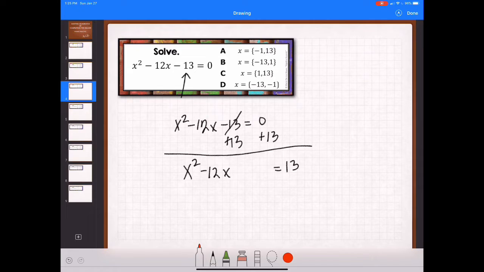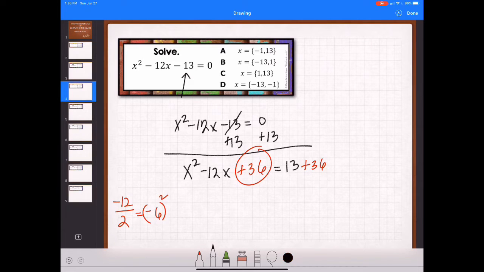I'm going to take that middle term, negative 12 divided by 2 equals negative 6. And then negative 6 squared is positive 36. If I add it to one side, I have to add it to the other side. So now I have x squared minus 12x plus 36 equals 49.